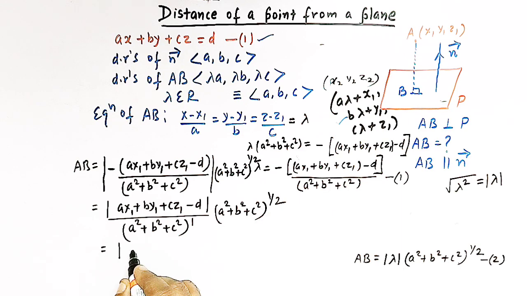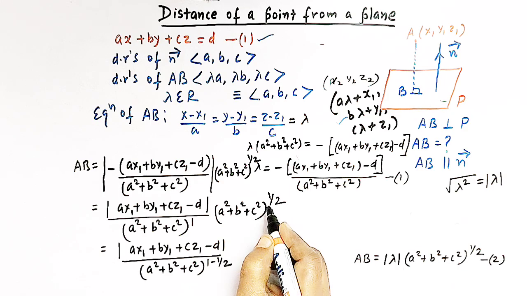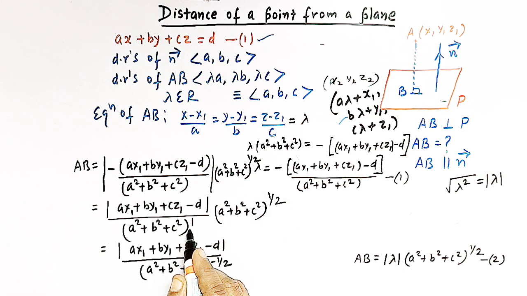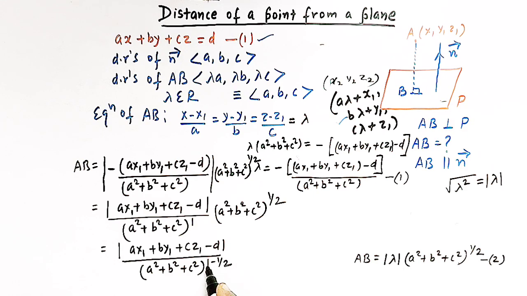So we have mod of ax1 plus by1 plus cz1 minus d divided by a square plus b square plus c square raised to 1 minus half. So taking this term to the denominator, we have here a negative sign, right? So we have 1 minus 1 over 2.